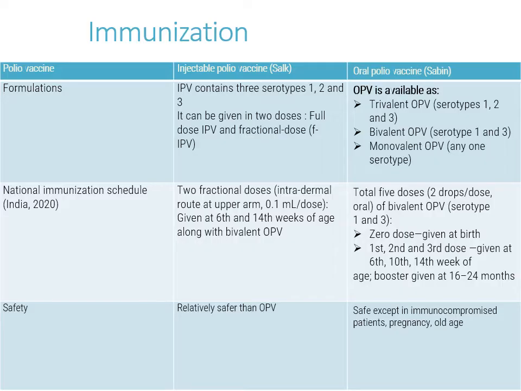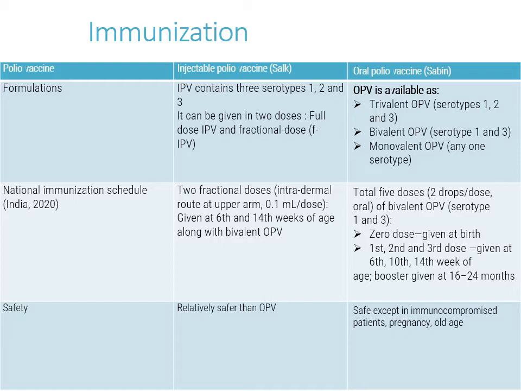Let's start. So when we talk about immunization, two types of immunization are very important in case of poliomyelitis. That is the oral polio vaccine and the injectable polio vaccine. Oral polio vaccine has been discovered by Sabin, and the injectable polio vaccine was given by Salk. So the oral polio vaccine is a live vaccine.